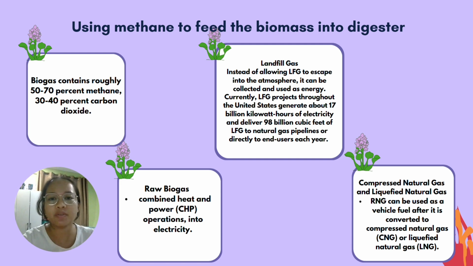Feeding biomass into a digester refers to the process of introducing organic material like biomass into a sealed container called a digester, where it undergoes anaerobic digestion to produce biogas. This process utilizes naturally occurring bacteria that break down the organic matter in the absence of oxygen, converting it into biogas.